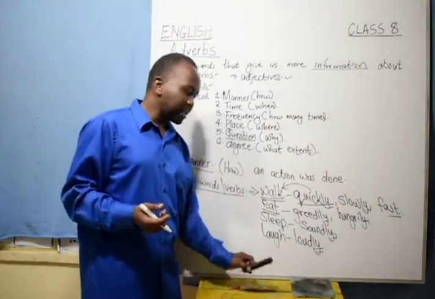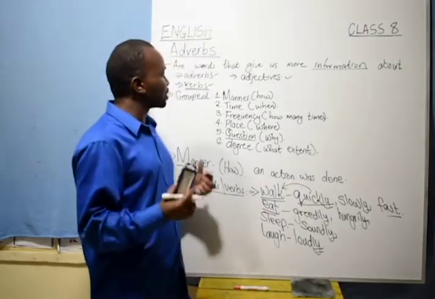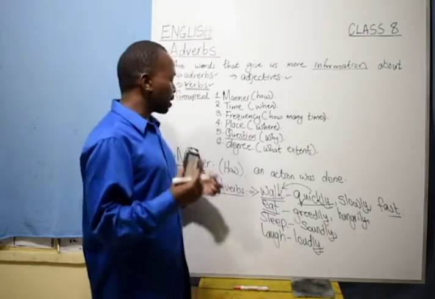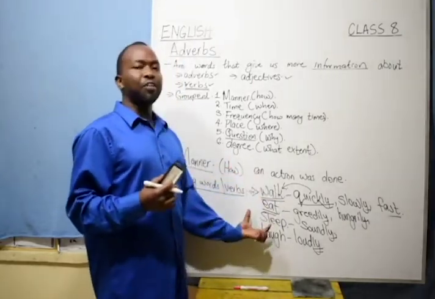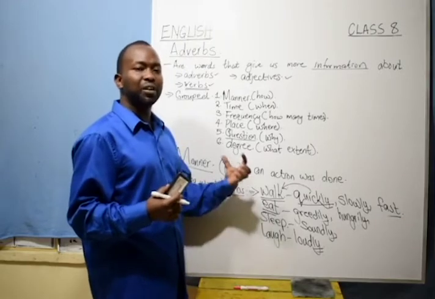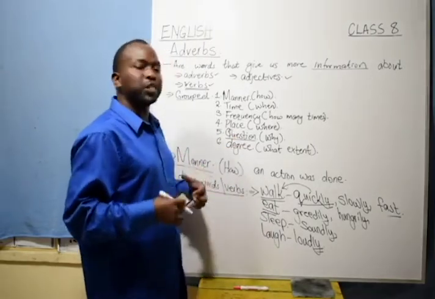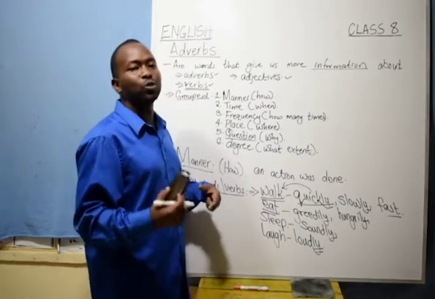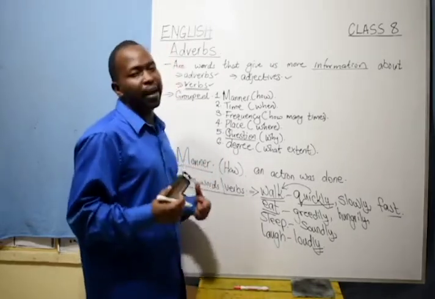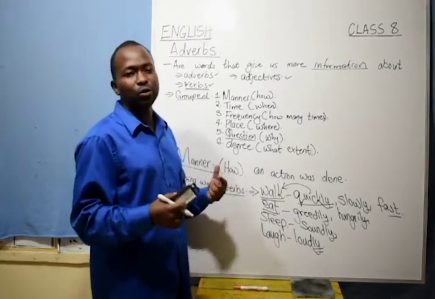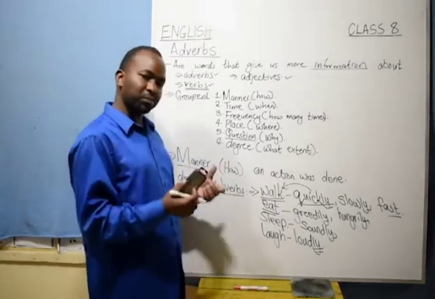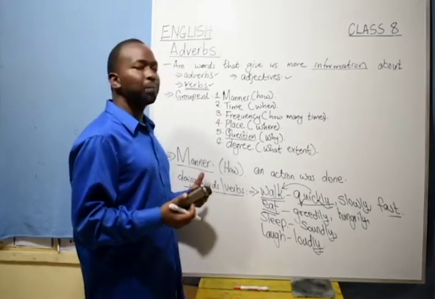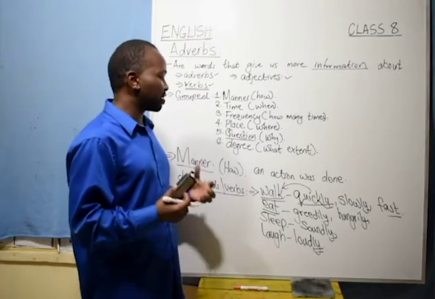Therefore, it is important that we try and use them in the right way, so that we are able to give more information, more details, and more explanation, so that what we want to express is clear and the reader or somebody else can understand our work. So these adverbs of manner are very, very important.